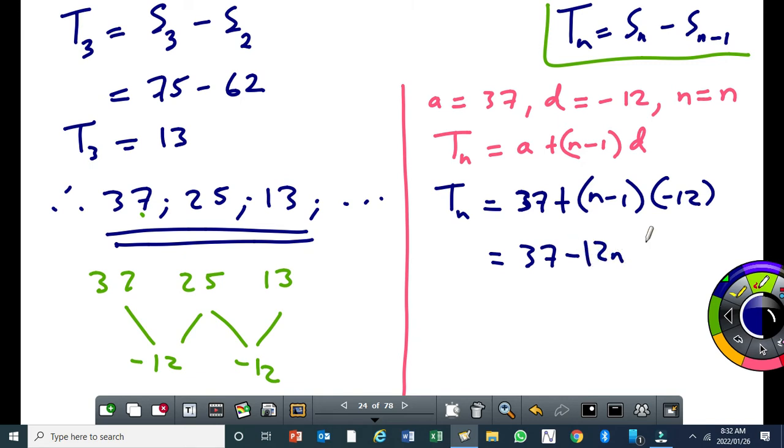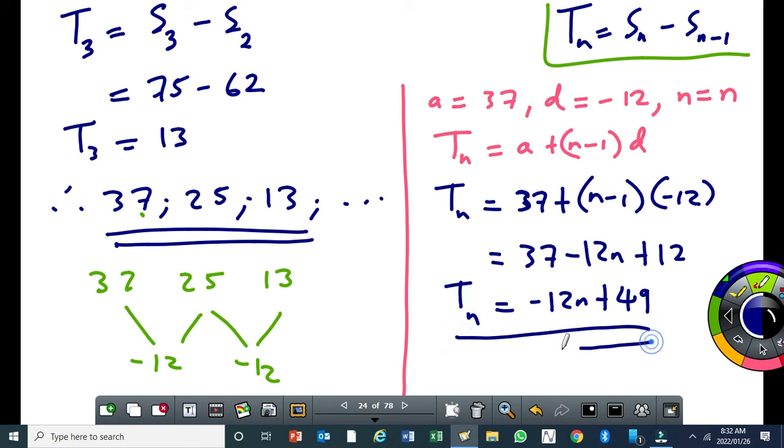Minus 1 times minus 12, that gives you positive 12. Are you following? Yes. Then 37 plus 12 will give us 49, so we end up having minus 12n plus 49. So that's our general term. If you want, you can use the grade 10 or 11 formula.